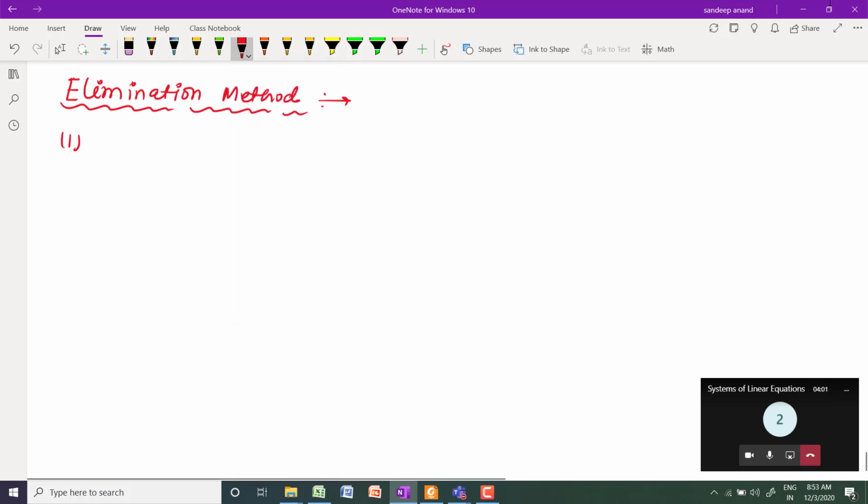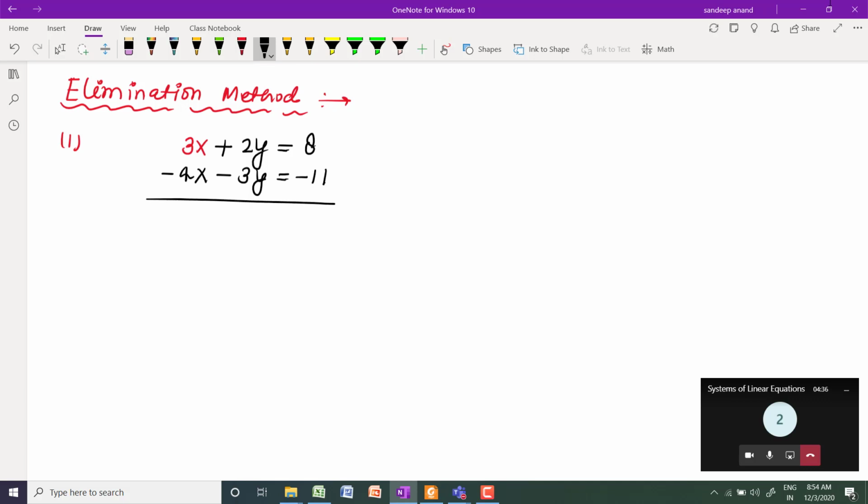Let the first linear equation be 3x plus 2y equal to 8, and the second equation be minus 4x minus 3y equal to minus 11. Okay, now this is the equation.